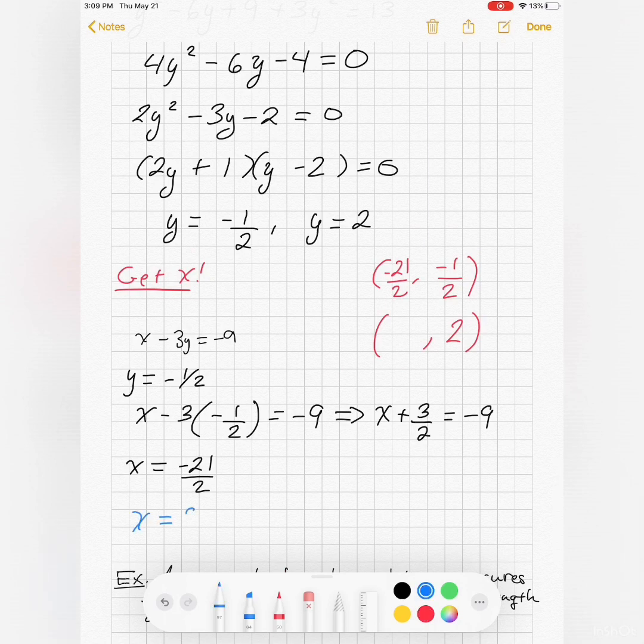And what about for the y equals 2? Be x, x minus 3 times 2 is negative 9. Negative 3.